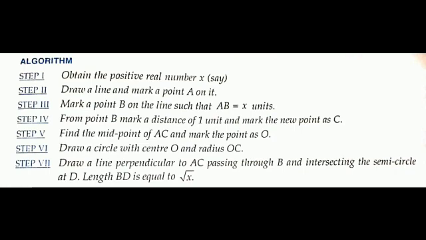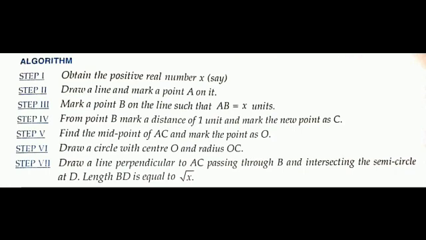Next step, from point B, mark a distance of 1 unit and mark the new point as C. In step 5, find the midpoint of AC and mark that point as O. And how can we obtain the midpoint? By constructing the perpendicular bisector of AC.